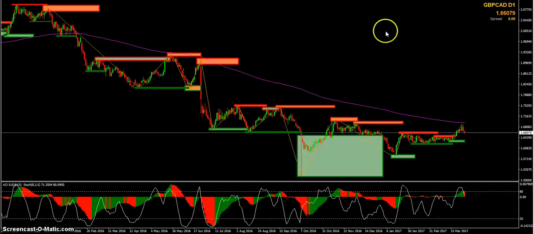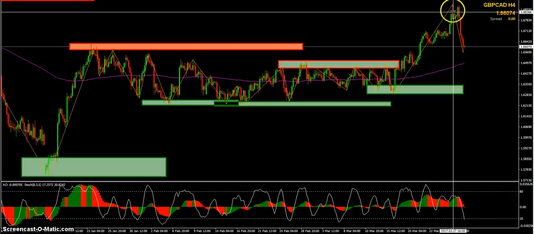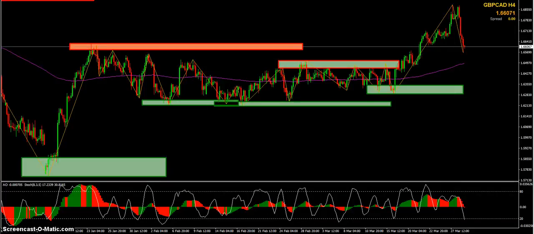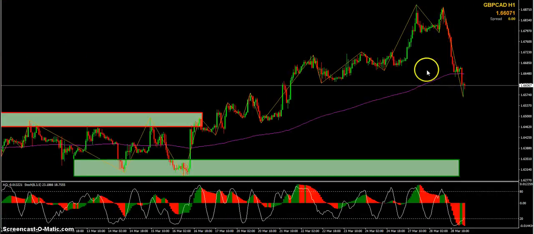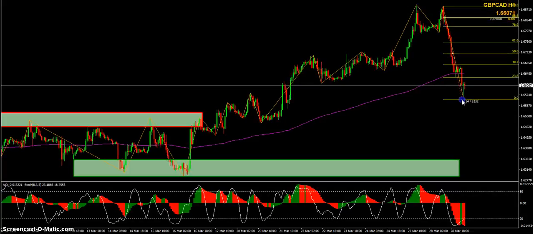On the pound, same, we don't have any AO divergence on the 4 hour chart. So what we want to see is 1, 2, 3. We can see that it's found some support off this 1 hour. It's broken through, bounced along, broken through.